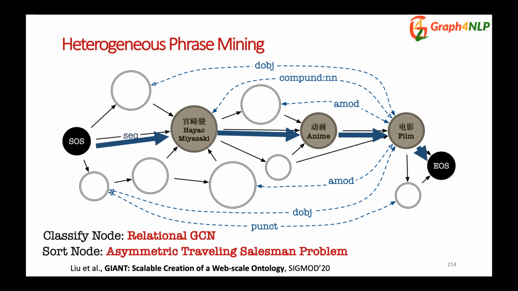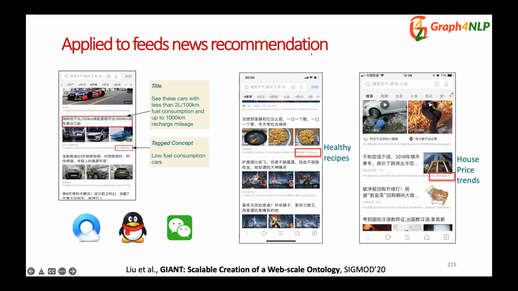So this system is applied to different news recommendation functionality in different apps. For example, let's say you have a document which says, this car has less than 2L per 100 kilometer fuel consumption. And then the target tag concept is low fuel consumption cars. So basically this phrase is not shown in the title or in the content, but we can use such a tag to highly summarize the semantics of the document.